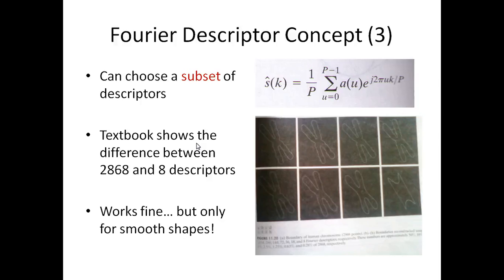On page 819 of the textbook, it shows an X chromosome, the outline, the contour of an X chromosome, using from 2,868 descriptors in the upper left-hand corner down to 8 descriptors in the lower right-hand corner. That's not bad. The only problem is it only works for smooth shapes. There are limitations, and I'll show you this in a minute. But basically, it's a very good way of shape recognition, which is basically the problem in hand gestures, recognizing the hand shape.